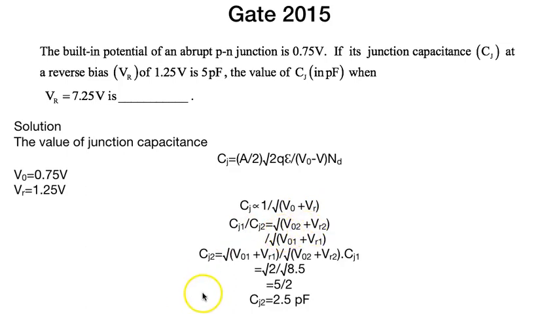If we put in both the values, then we get Cj2 equal to 2.5 picofarad. That's not a tough question. You just need to put in the exact formula and get your answer.